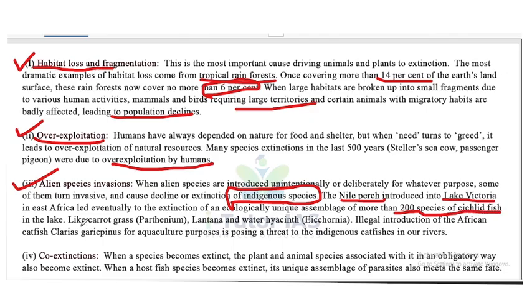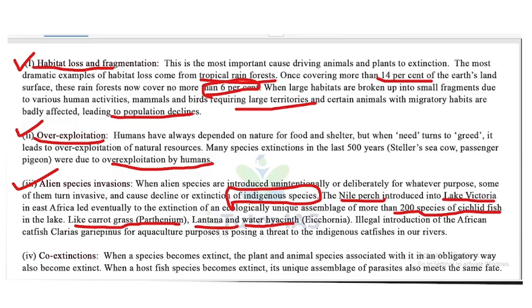in the lake. And another example is carrot grass. We are all familiar with this: Parthenium or carrot grass, Lantana and water hyacinth, that is Eichhornia crassipes. These are all alien invasive species which led to the decline or extinction of indigenous species.